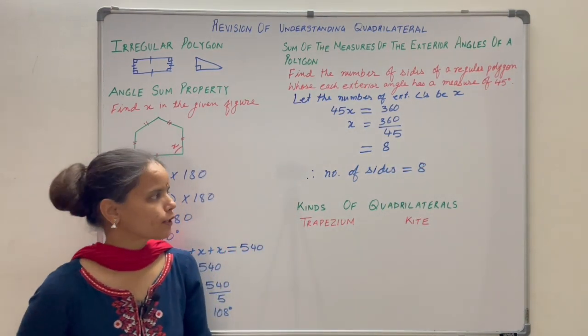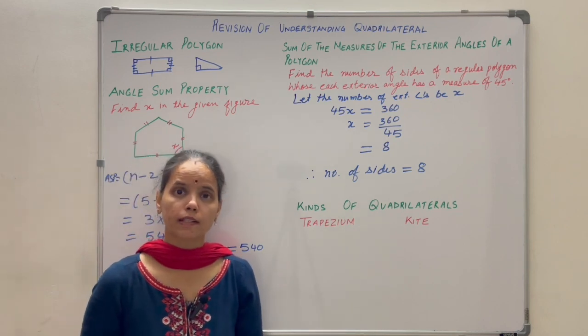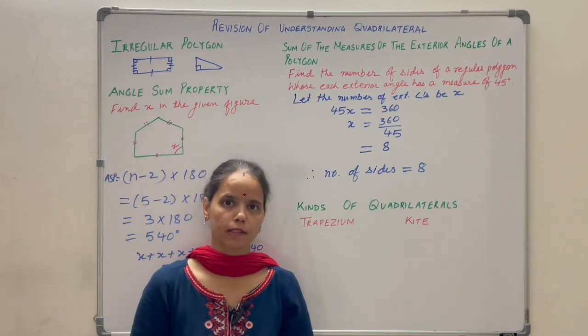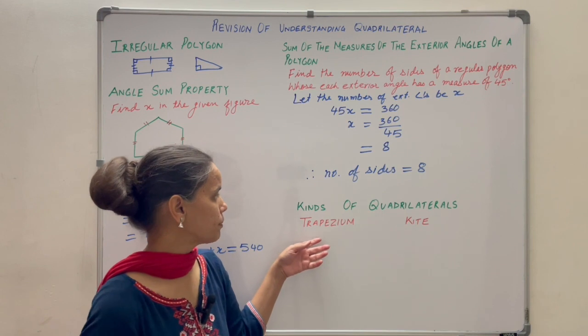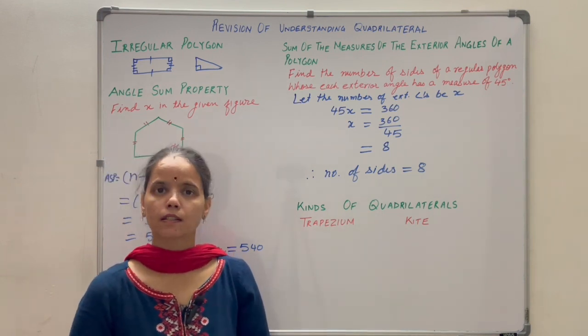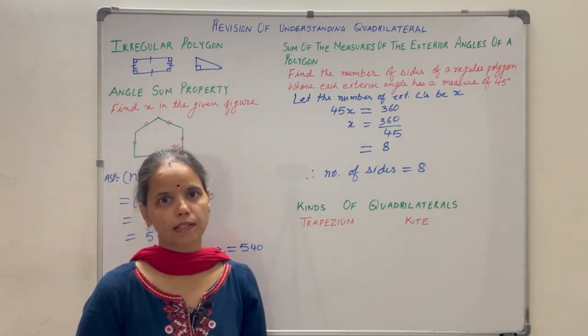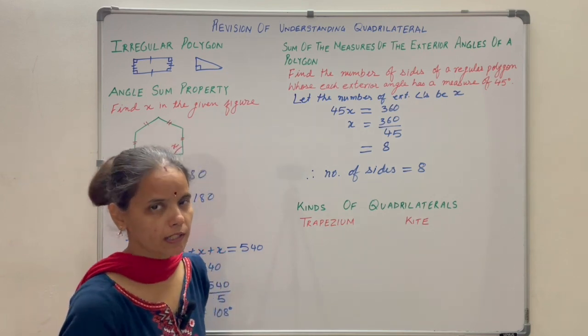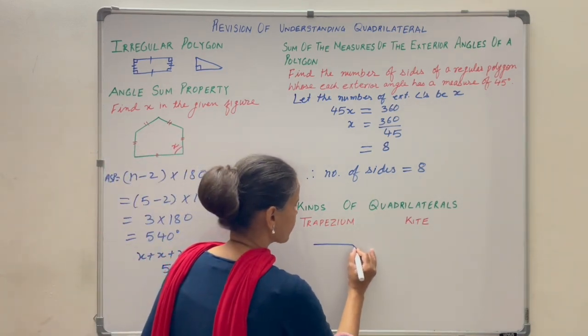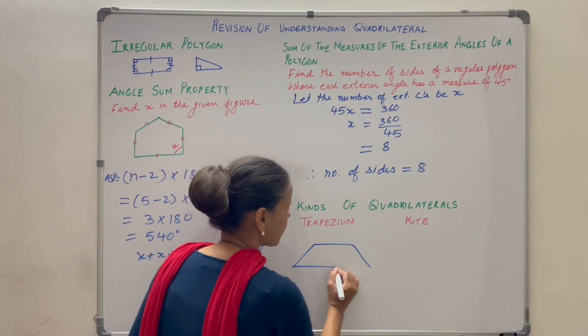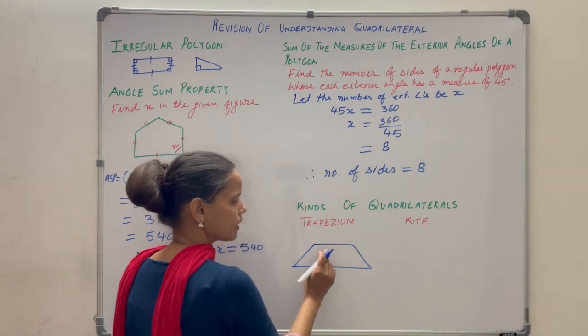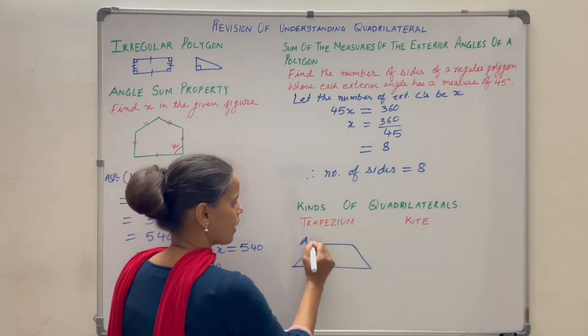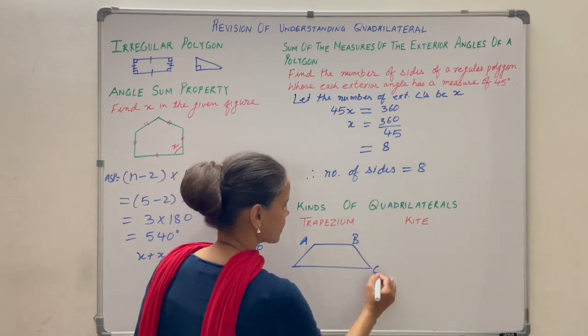Now, kinds of quadrilateral. What is a quadrilateral? It's a four-sided polygon. The first one is the trapezium. What is a trapezium? A trapezium is a quadrilateral in which one pair of opposite sides are parallel. This is a quadrilateral, meaning it has four sides, and you name the quadrilateral in cyclic order.